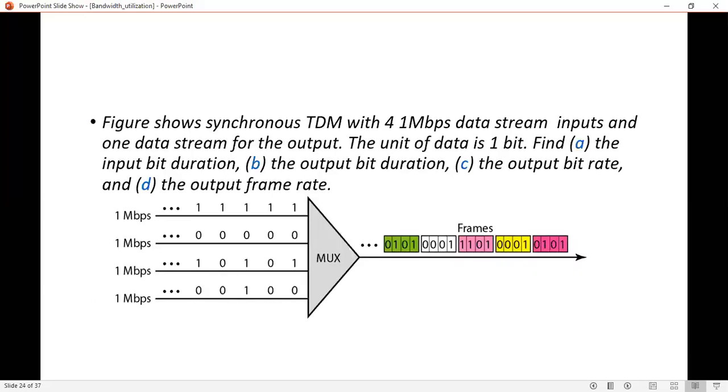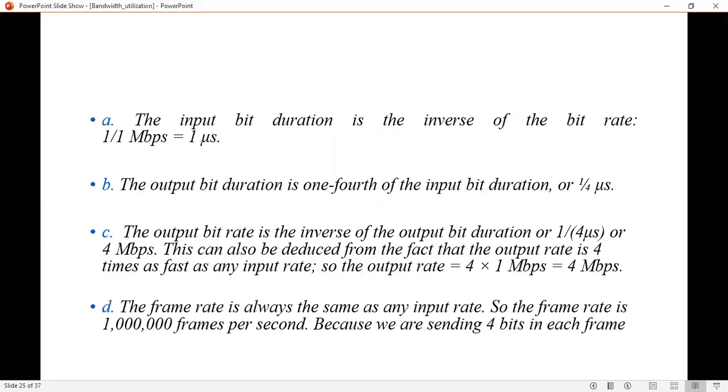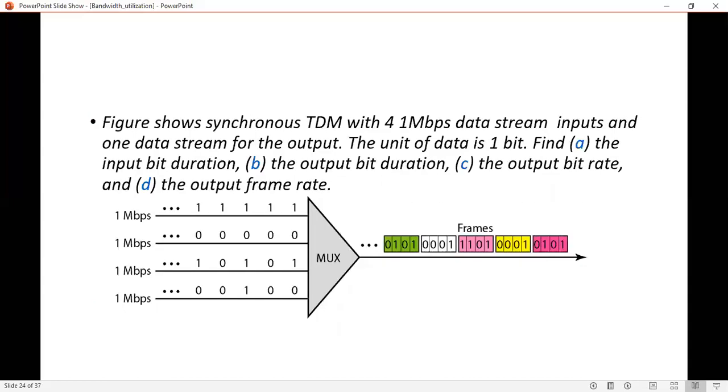The third question is the output bit rate. What is the output bit rate? Here we combine 4 input lines of 1 megabit per second. So it is 4 into 1 megabit per second, nothing but 4 mbps. The last question is the output frame rate.